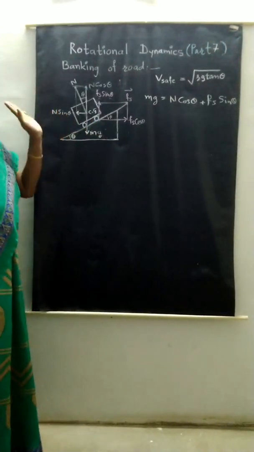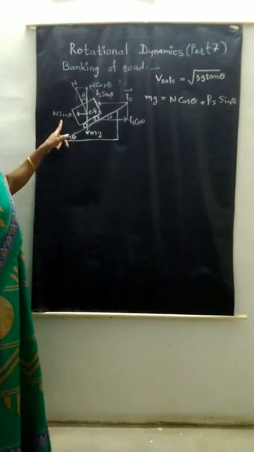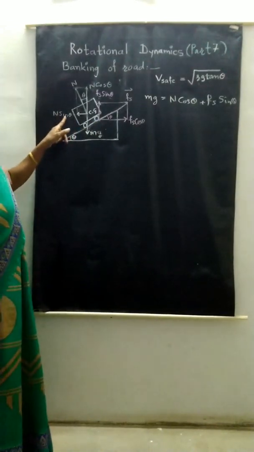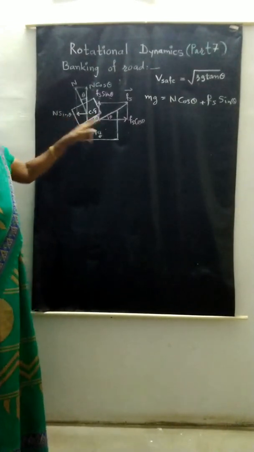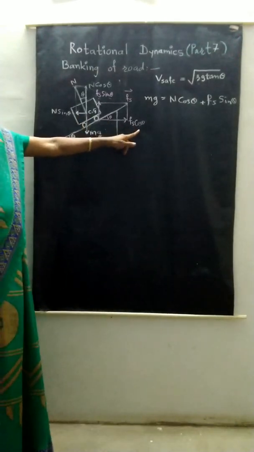As for circular motion, centripetal force is required. This n sin theta must be greater than this fs cos theta.